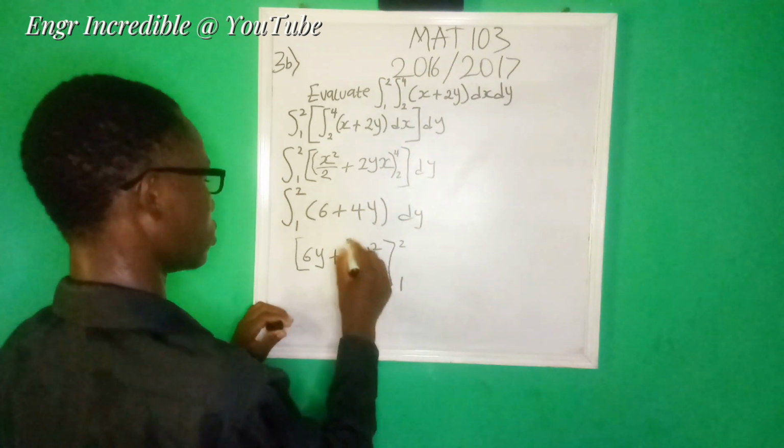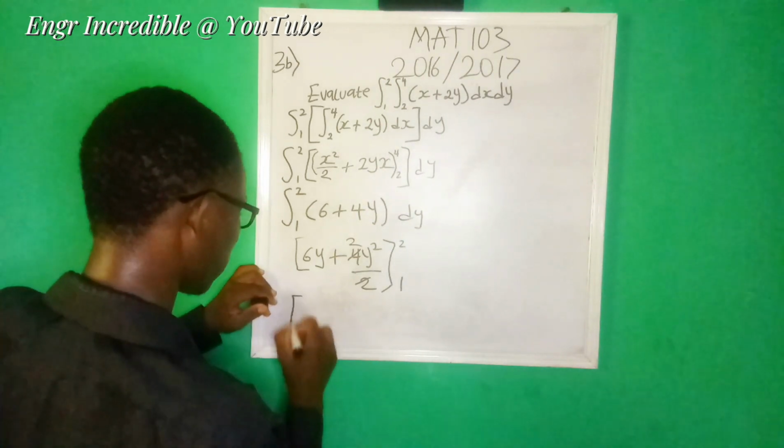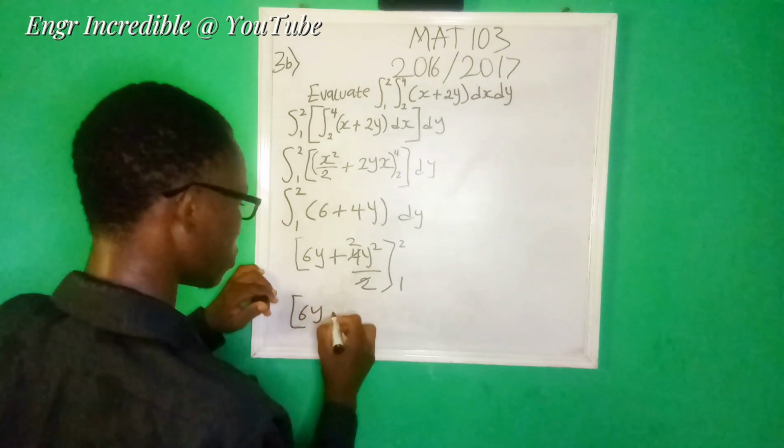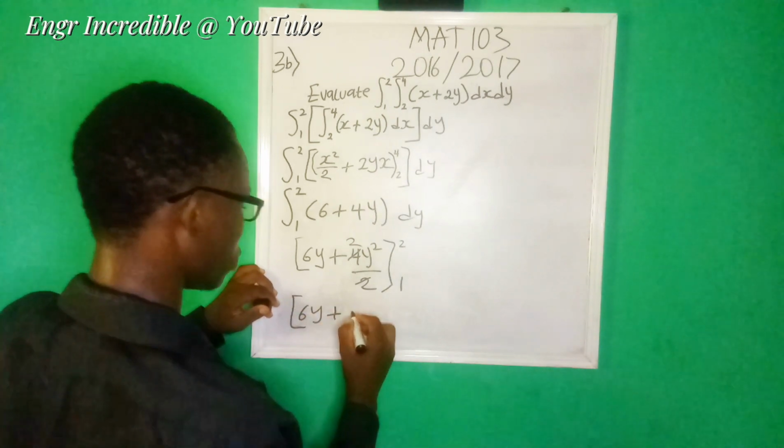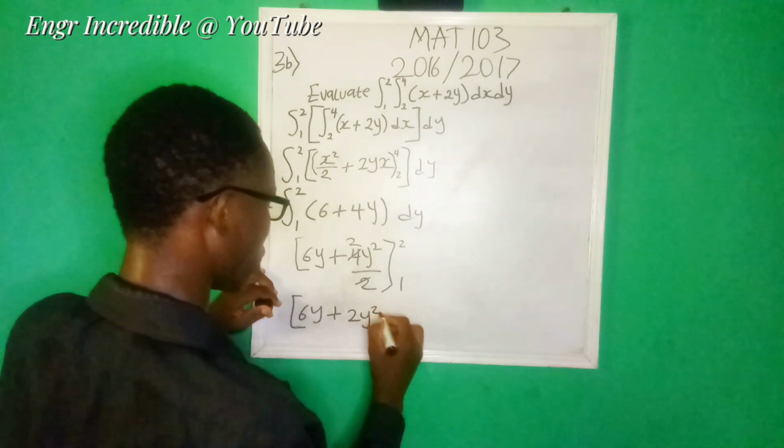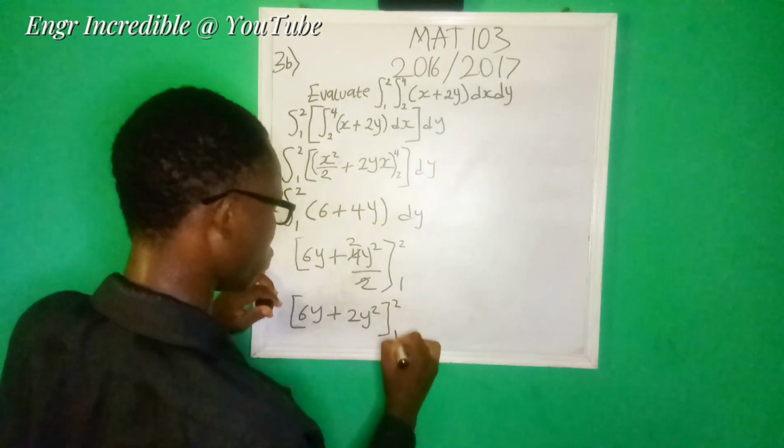The 2 goes here, remains 2. That means we have 6y plus 2y square in brackets with limits 2 and 1.